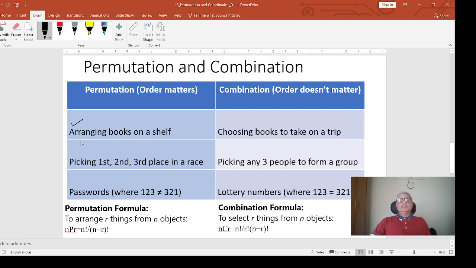First you need to pick 10 books from 25 and then arrange them in different ways. This is a classic example of permutation. Book 1 first and book 2 second would be a different arrangement than book 2 first and book 1 second.